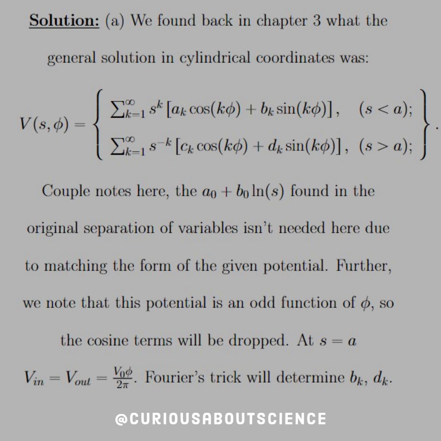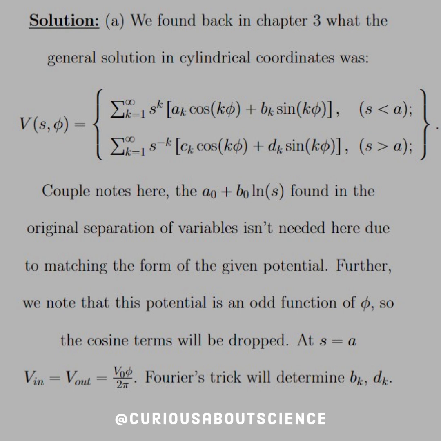Let's put a couple notes here, though. Originally, when we found the general solution, there was an a0 plus b0 ln s term. This isn't needed here due to matching the form of the given potential, since we were given V0 over 2, things of that nature.